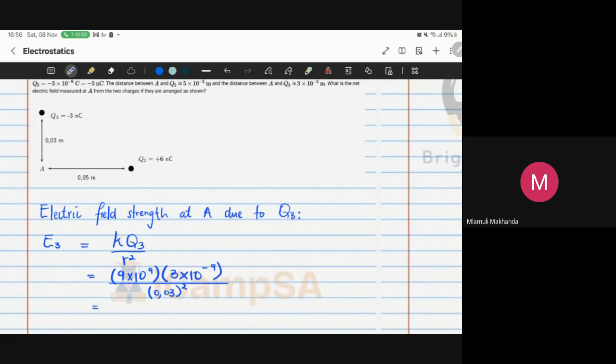So now we want to find our field. Say 9 × 10^9 times 3 × 10^-9 divided by 0.03 squared.